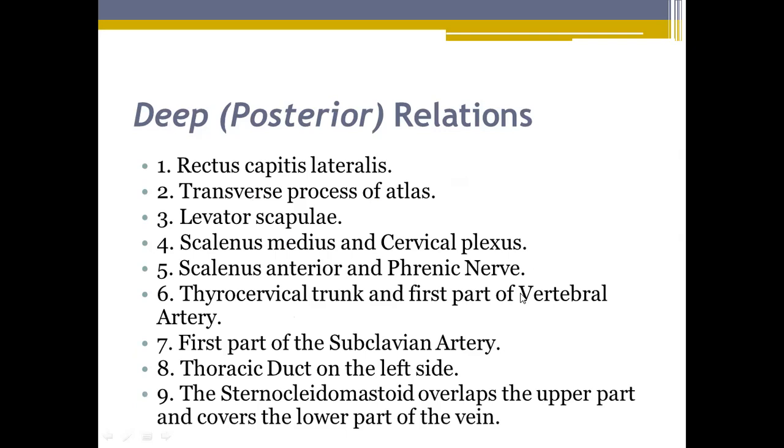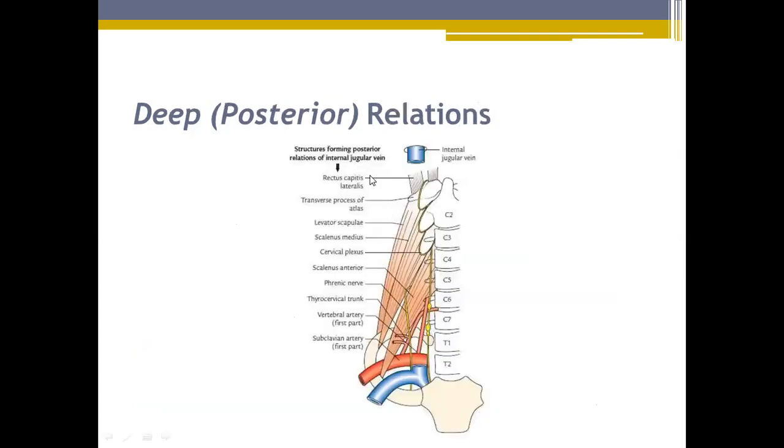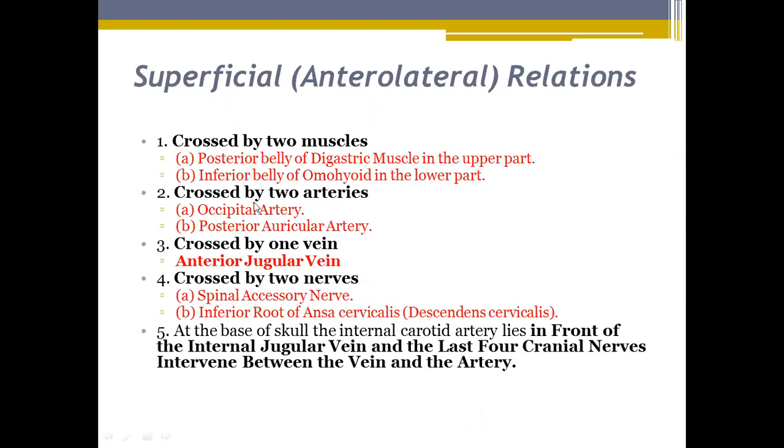Sternocleidomastoid overlaps the upper part and covers the lower part of the vein. So we can see in this diagram the posterior relations of the internal jugular vein: the rectus capitis lateralis, transverse process of atlas, levator scapulae, the scalenus medius, the cervical plexus, thyrocervical trunk, vertebral artery, and subclavian arteries.